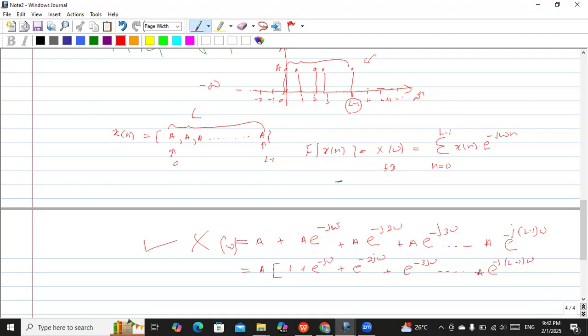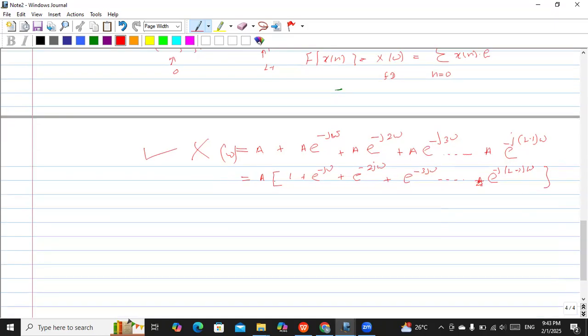No, sorry, this a is not there because we took out the a here. So actually if we take e to the power minus j omega as x, this series will be somewhat like 1 plus x plus x square plus x3 plus x4 up to x to the L minus 1. Okay, so this is a power series.